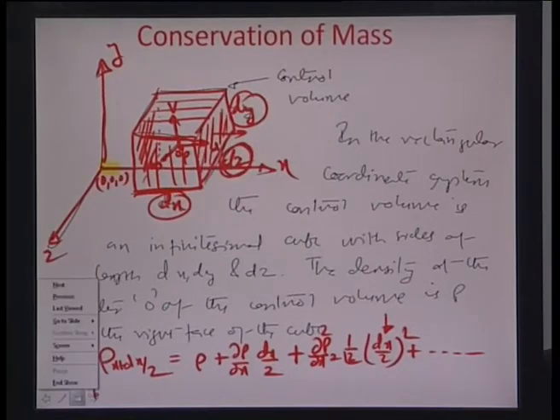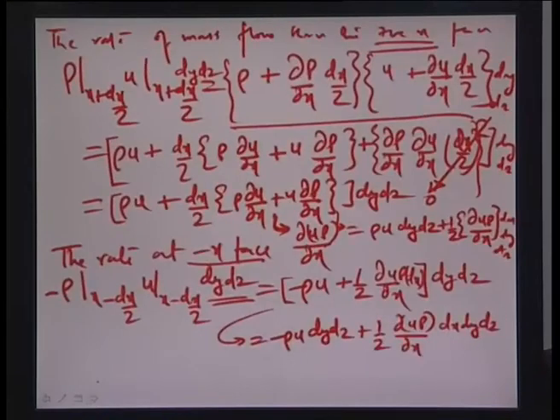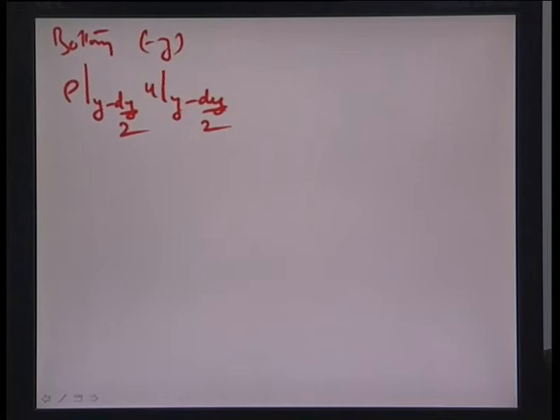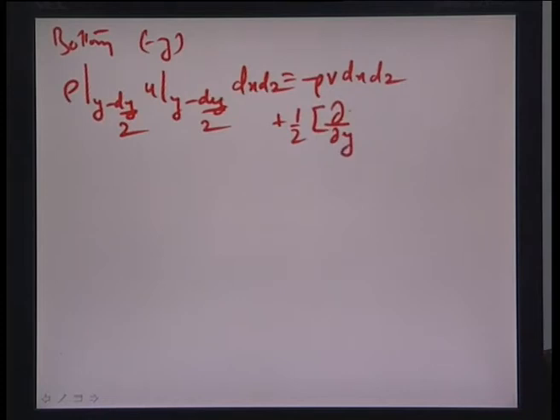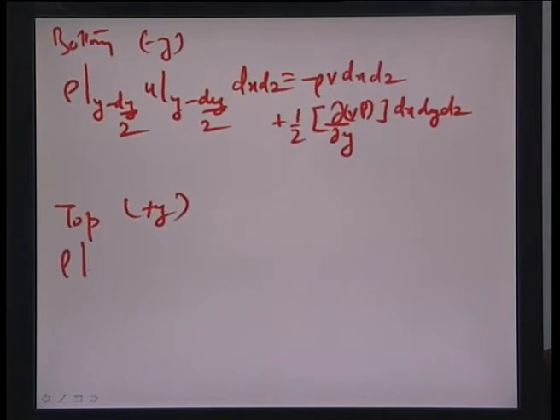So, this can be represented as rho at y minus dy by 2 times u at y minus dy by 2 times dx dz, and this comes out, in a simplified manner, to be minus rho v dx dz plus half times del by del y of v rho times dx dy dz.